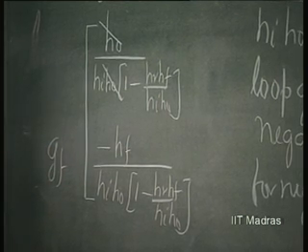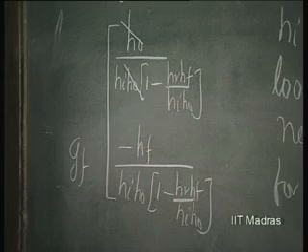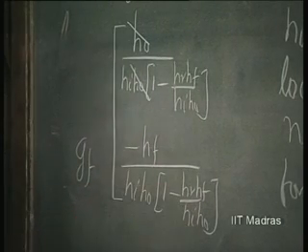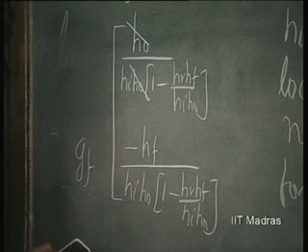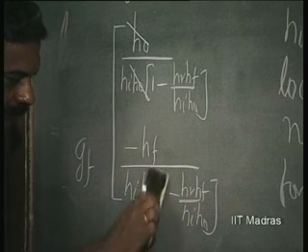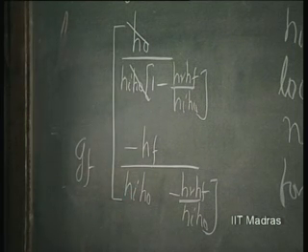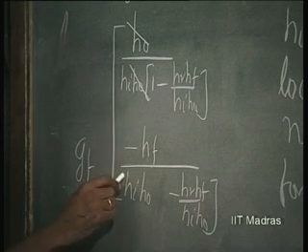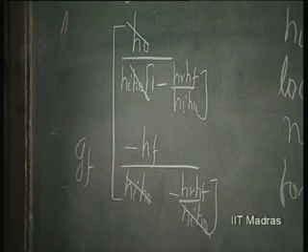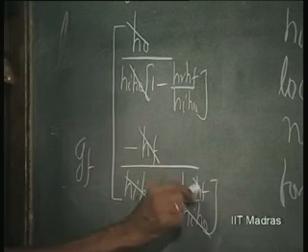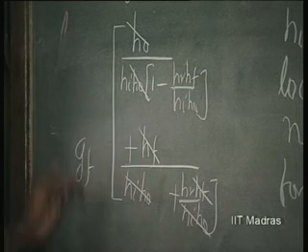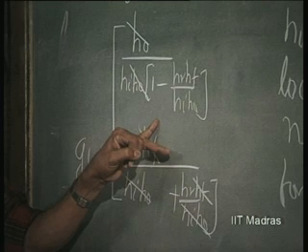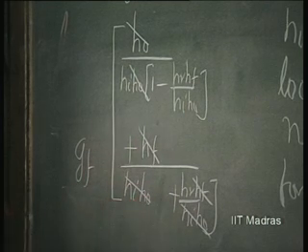So, if this factor is very large compared to 1, we can ignore 1. So, what happens? H I H naught gets cancelled with H I H naught, H F gets cancelled with H F, this becomes plus and therefore, the entire G F becomes equal to 1 over H R, right.